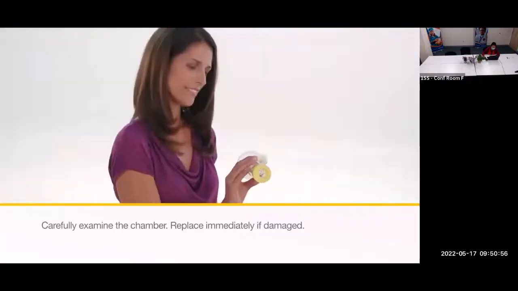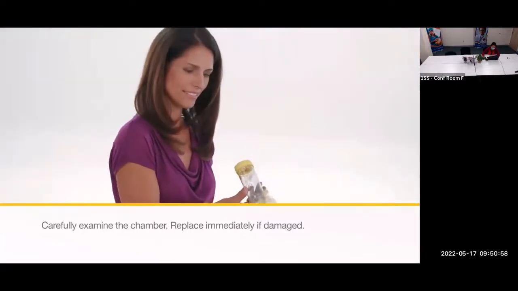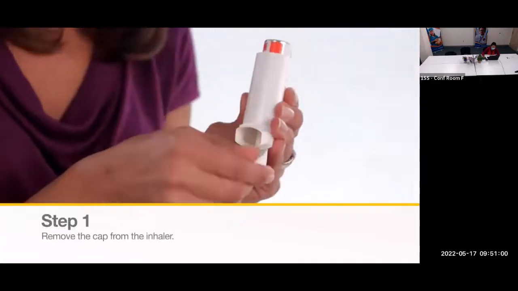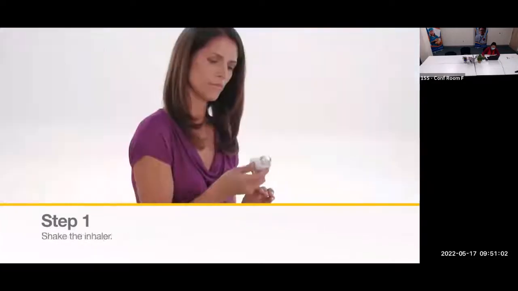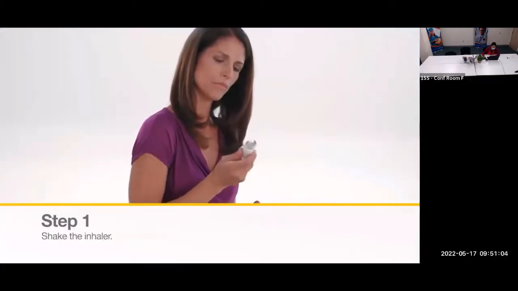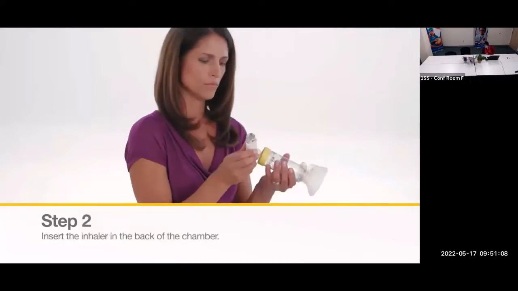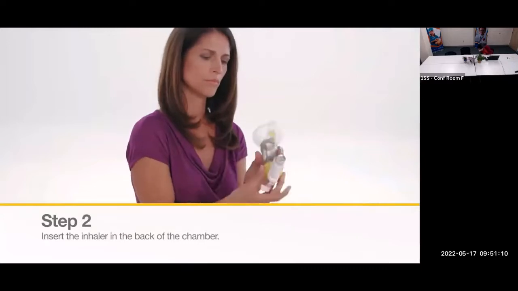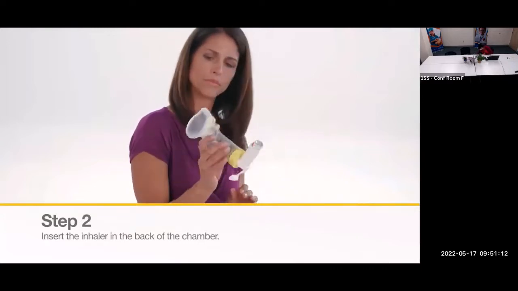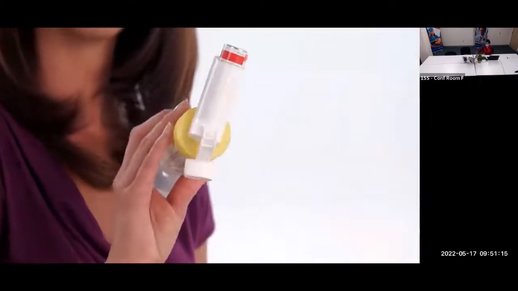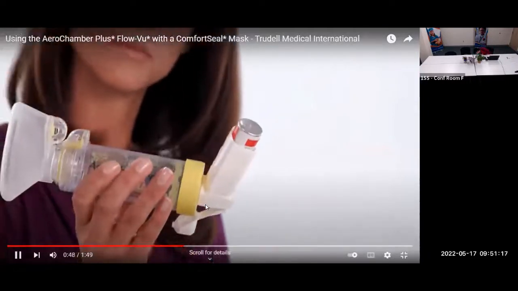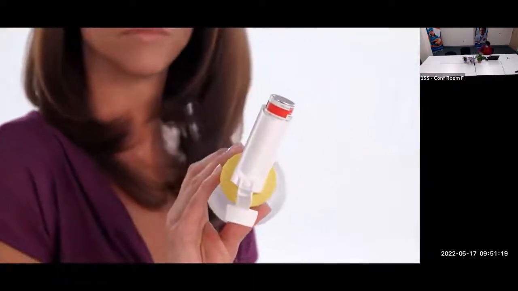If it is damaged, replace it immediately. Remove the cap from the inhaler. Shake the inhaler as per its provided instructions. Next, insert the inhaler in the back of the chamber. The AeroChamber Plus Flow-Vu chamber includes a flexible back piece that accommodates all commonly prescribed metered dose inhalers.